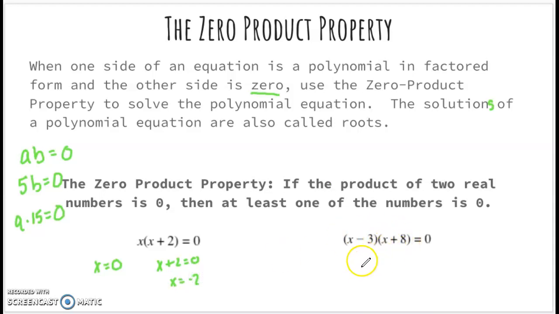Same thing over here, I've got x minus 3. If I add 3 to both sides, that tells me x could be 3, or x plus 8, so that tells me x could be negative 8. So we can use that zero product property to help us figure out those x-intercepts, or to figure out what number, when you plug it back in, will make the entire problem become 0.